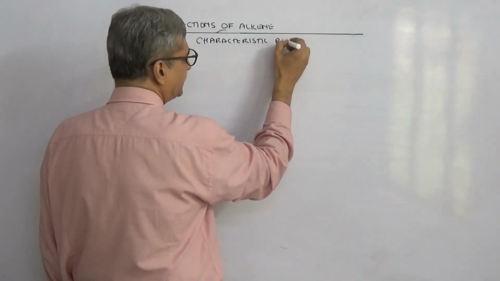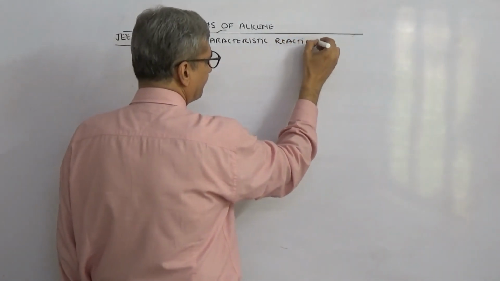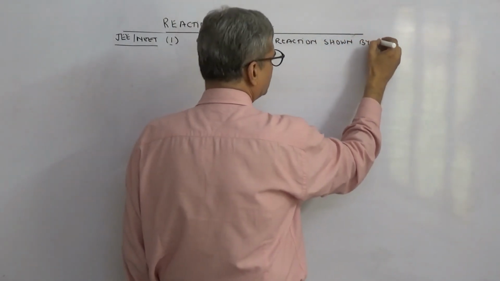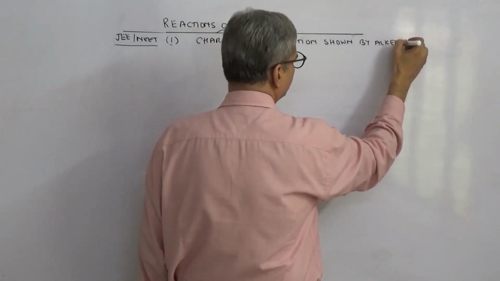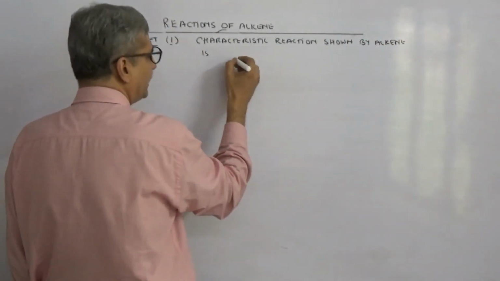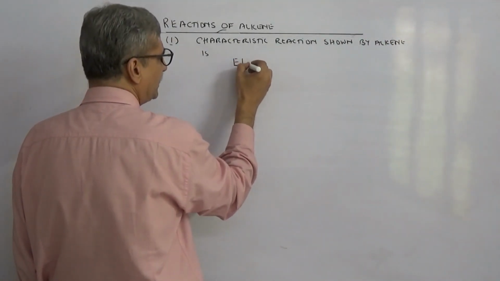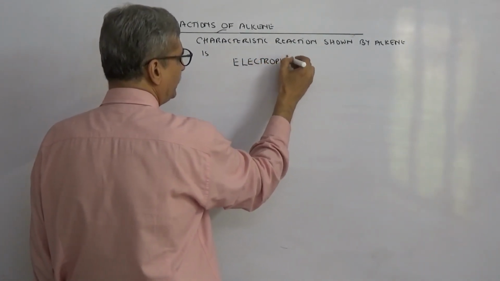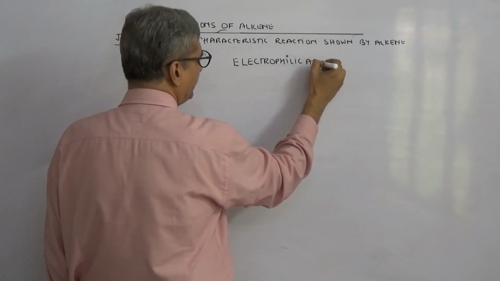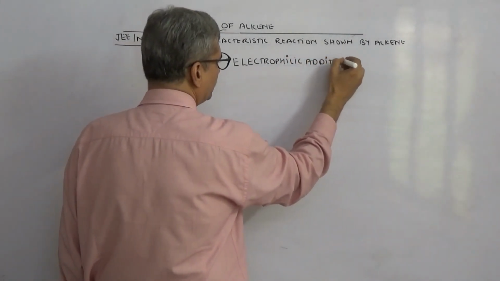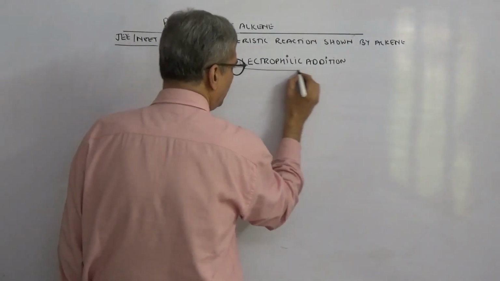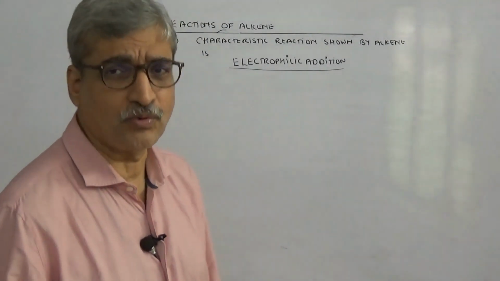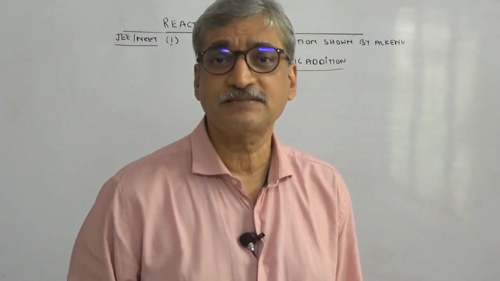The characteristic reaction shown by alkene is an electrophilic addition. So remember this is one question on its own. So what do we mean by addition? Addition means two or more reactants have formed a single product.